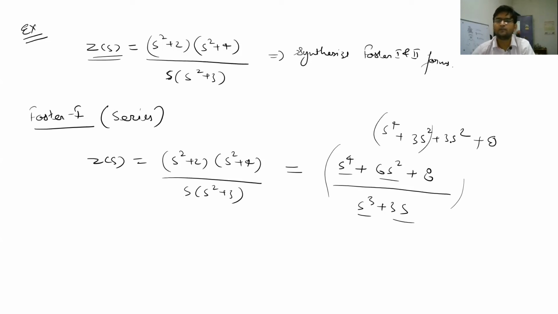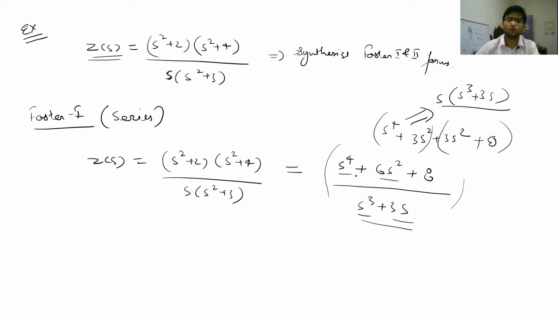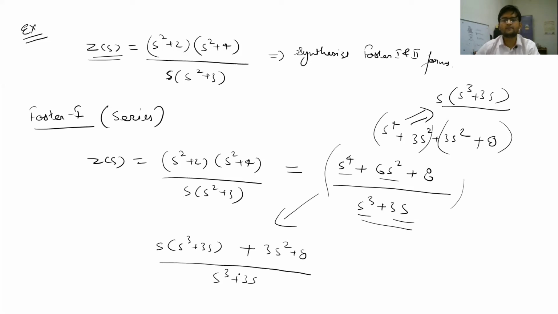So you have divided the numerator into two parts. What you can take is one s common from the first component. If you take s common, what you will get? s cube plus 3s, which is exactly the same as the denominator. So this whole thing can be written as s into (s cube plus 3s) plus 3s square plus 8, whole divided by s cube plus 3s.